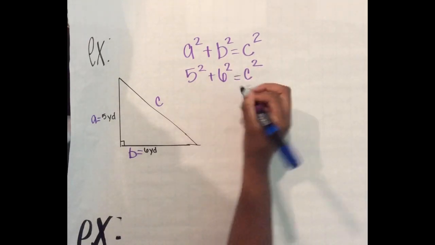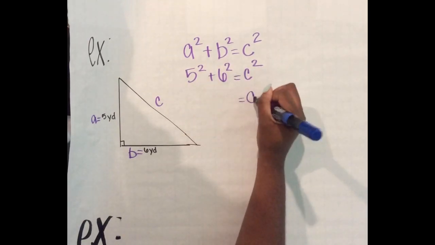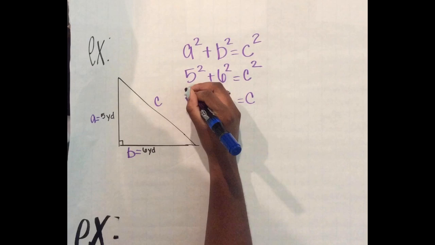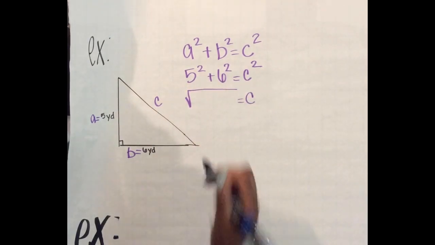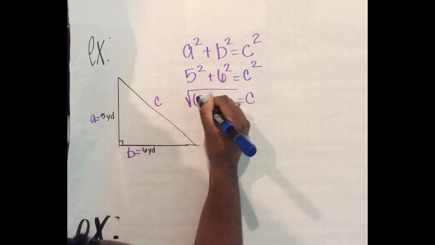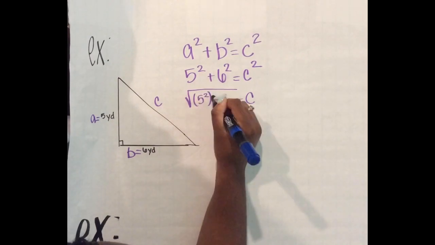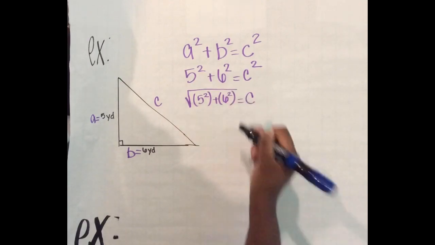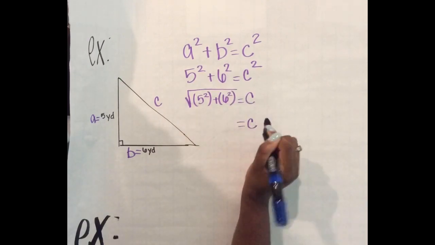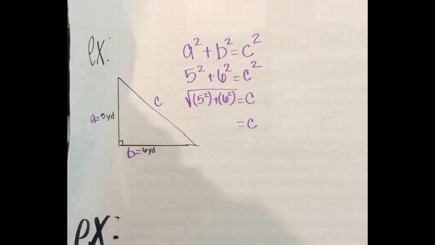So let's just go ahead and draw out our square root. So in there, we're going to put 5 squared plus 6 squared. And it's going to give you C. We're going to put it in that calculator just like that.